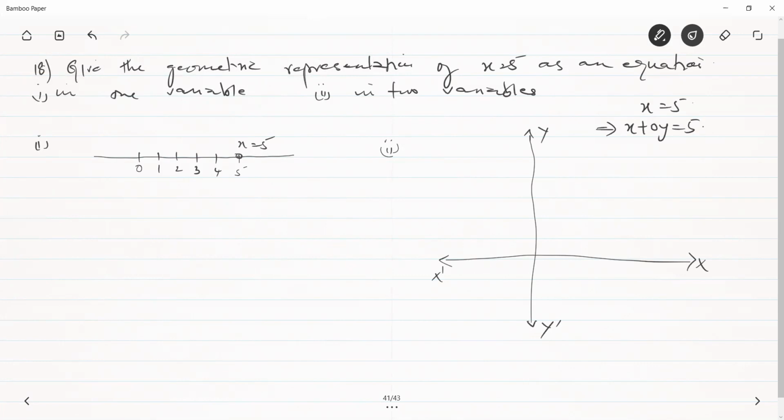Now, how do you plot this in the Cartesian plane? You will have to draw a table. In this table, assume this is x and this is y.